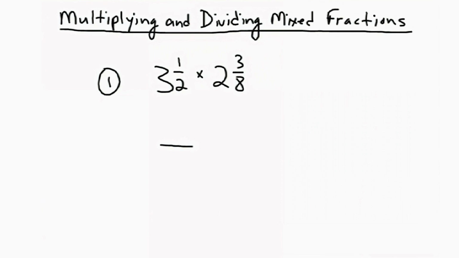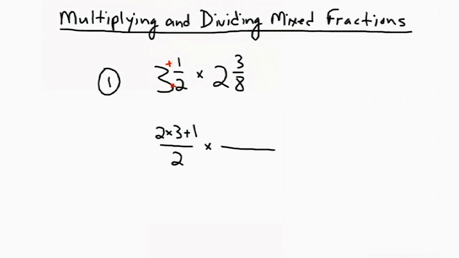As a review, remember, when you convert from a mixed to an improper fraction, between the denominator and the whole number is really a multiplication sign, and then an addition sign in the numerator. So to convert 3 1/2 into an improper fraction, it would really be 2 times 3 plus 1 all over 2.